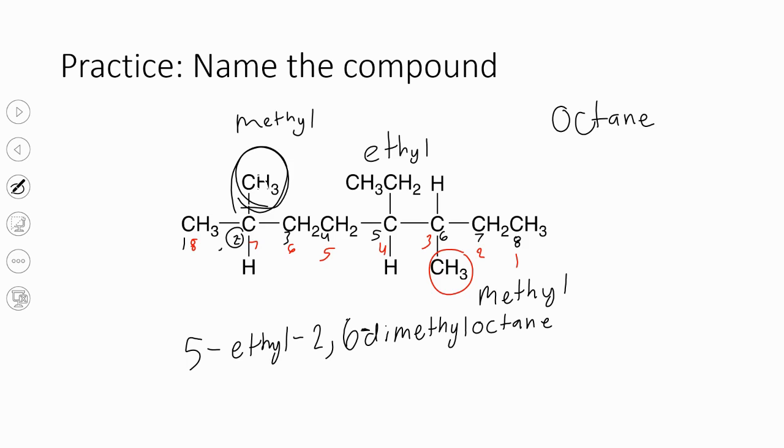Okay, so we have ethyl at 5, and then we have to keep saying the same molecule. So between a letter and a number, we put a dash. And then we have 2, 6. So on octane, we have 2, 6 methyls.